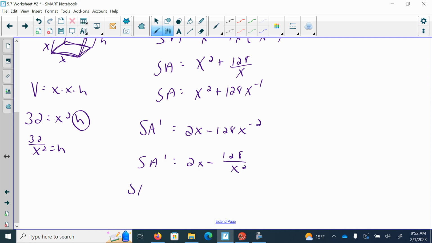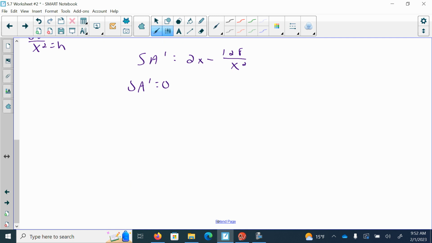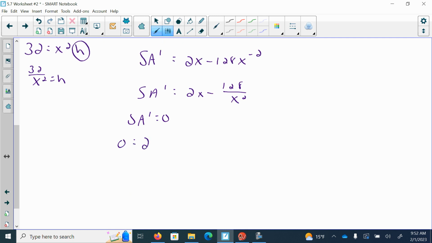I'm going to set the derivative equal to 0. So I'm going to have 0 is equal to 2x minus 128 over x squared. I'm going to bring this over, make it 128 over x squared is equal to 2x. What did you do at this point?